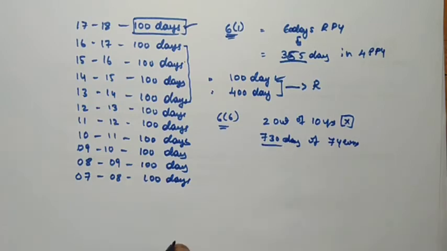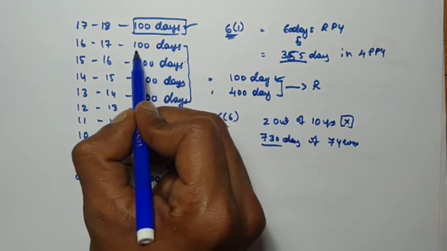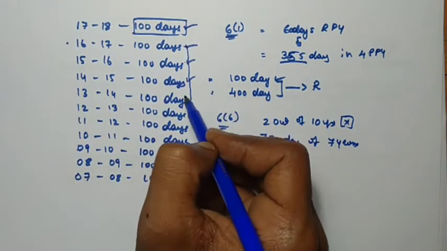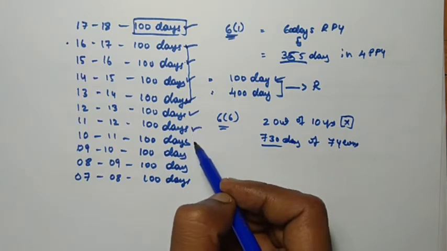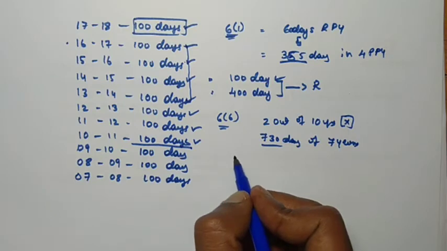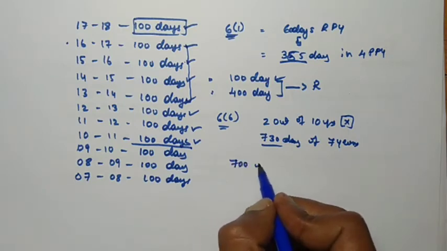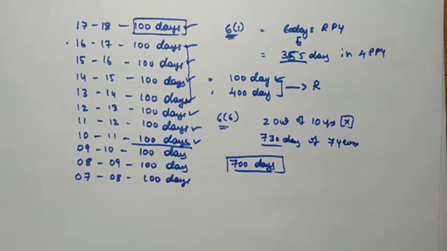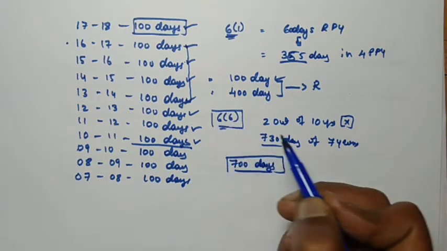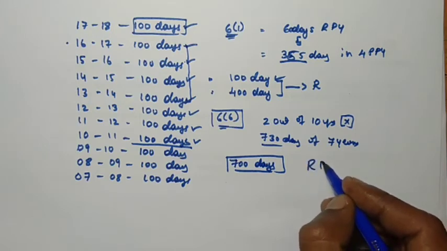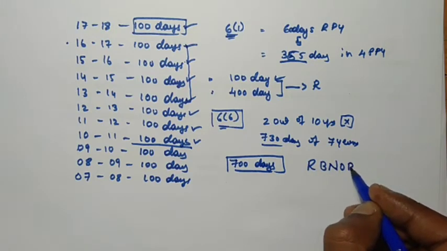Second condition, let us check. 1, 2, 3, 4, 5, 6, 7. In the 7 years, he stays only for 700 days. So, it doesn't satisfy both the conditions of section 6, subsection 6. So, he is called resident but not ordinarily resident.